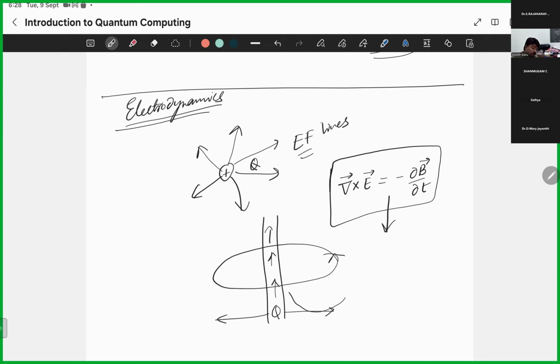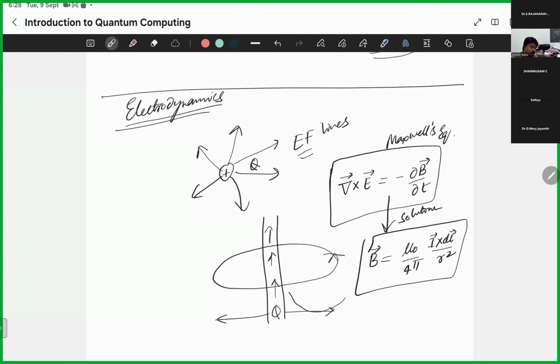If you solve this differential equation, what you get is Biot-Savart's law, which says magnetic field lines are created, mu naught by 4 pi into I dl by r square. So this magnetic field is the solution of Maxwell's equation.